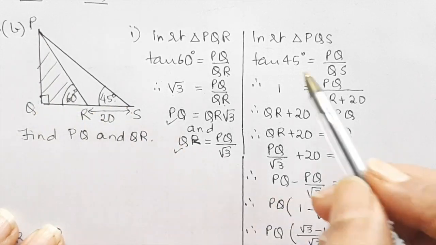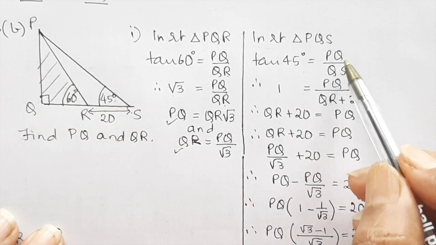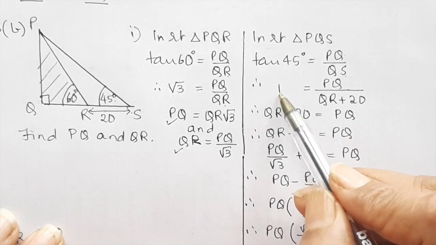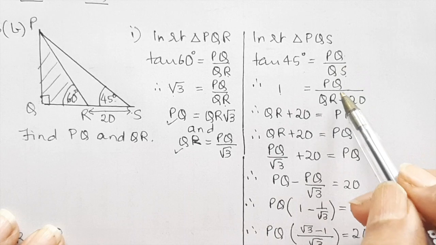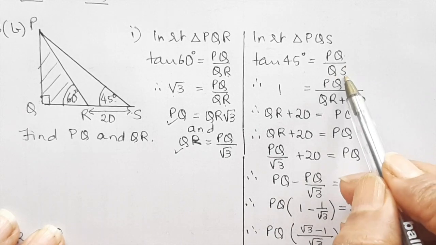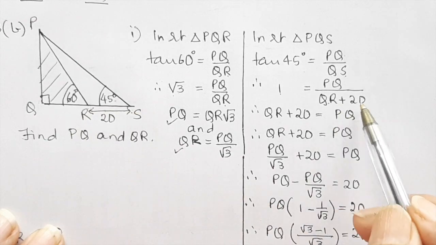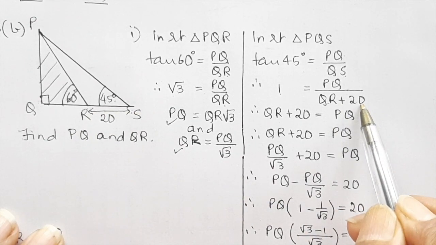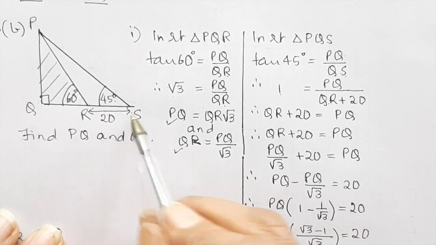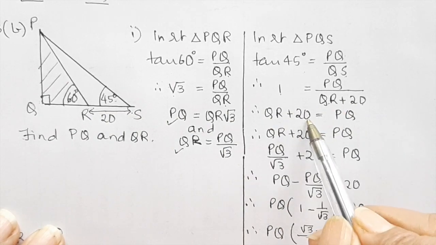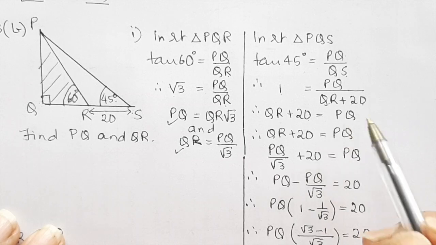PQ upon QS is tan of 45 degrees. Tan 45 degrees is 1, PQ as it is, and in place of QS, we will write QR plus 20. Can you see that? It is QR plus RS, right? So RS is 20, we write like this. Now cross multiply. So QR plus 20 is equal to PQ.